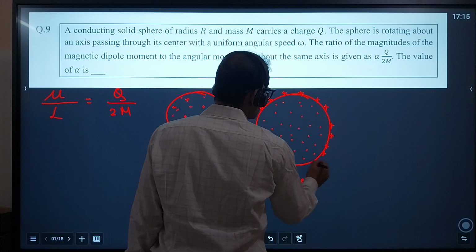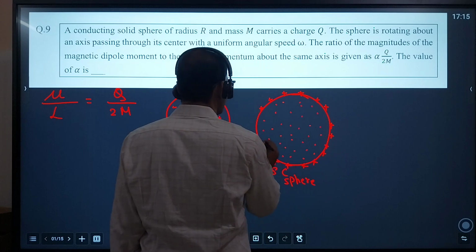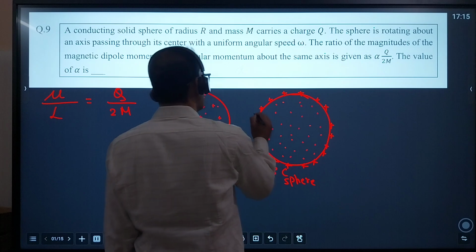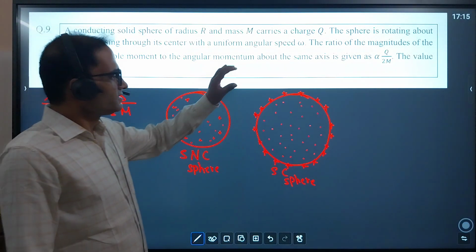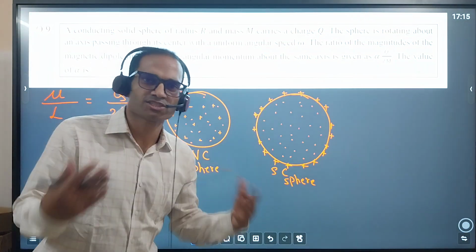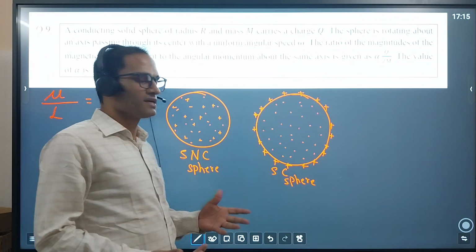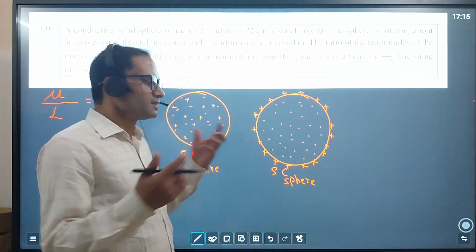So it looks like we cannot use this formula, but we are still going to use it. How? Here charges are coming at the surface. Let us assume that all the mass is also coming at the surface magically.